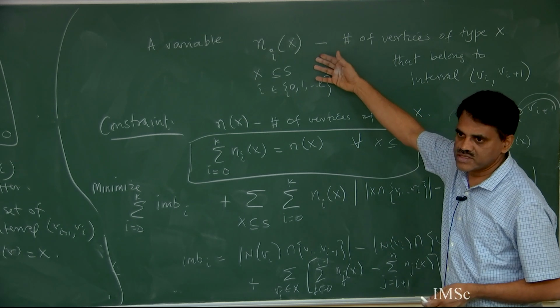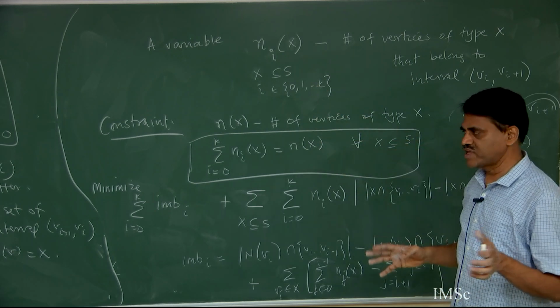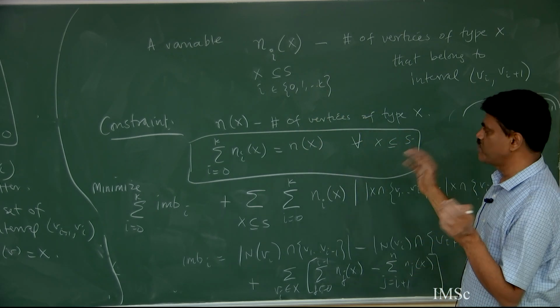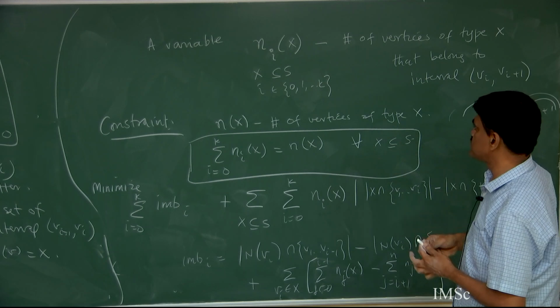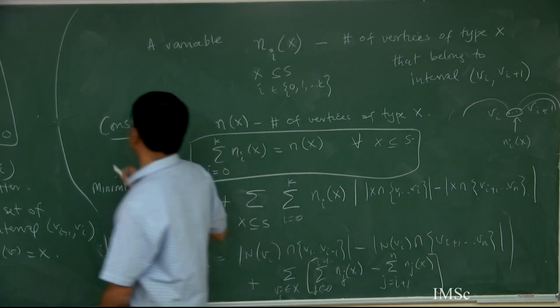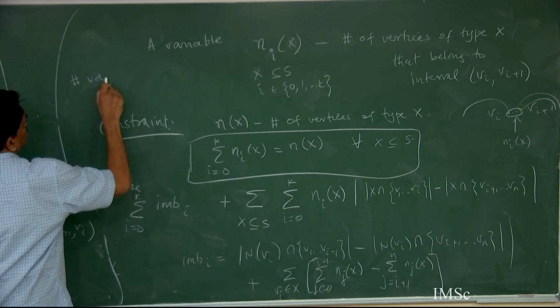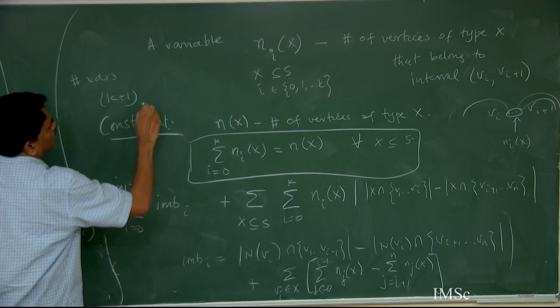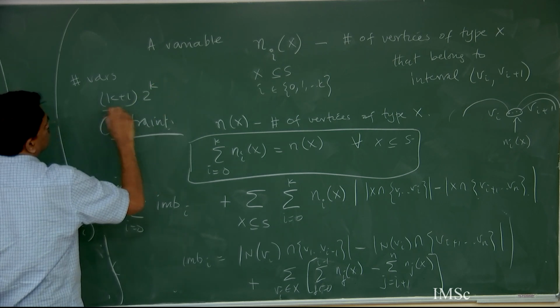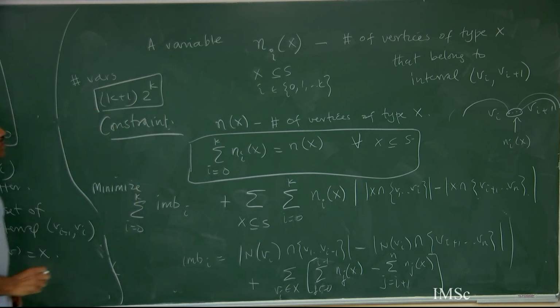That is this variable, and once you fix that, you can compute this imbalance based only on this number of variables, and the total number of variables is k plus 1 into 2 power k. So it's a function of k. You can plug it into that theorem I wrote down and get an FPT out.